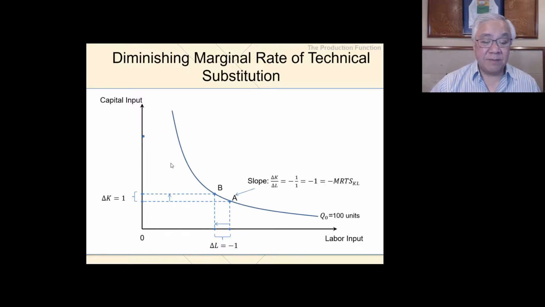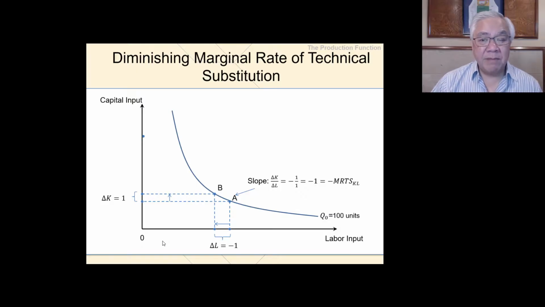That gives us a slope. So the change in the capital, which is the rise, divided by the change in the labor side, which is the run, is -1. So here the rate is -1, the marginal rate of technical substitution for capital and labor.